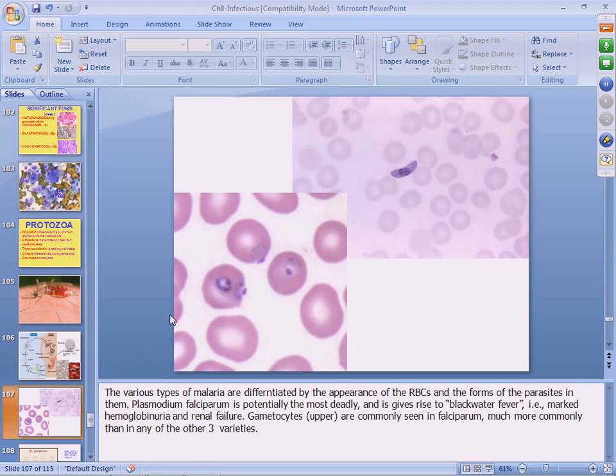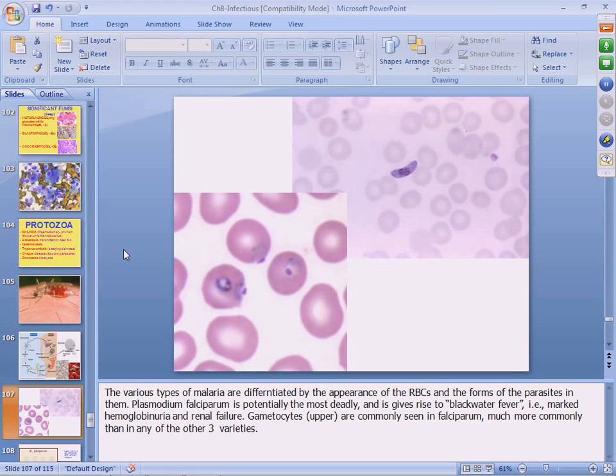The most significant form of malaria, the one with the highest mortality, is Plasmodium falciparum, also the one that's most likely to be resistant to anti-malarial drugs. Each of the 4 types of malaria has something about it that's a little bit different from the others, and I'm just going to try to zero in on that.